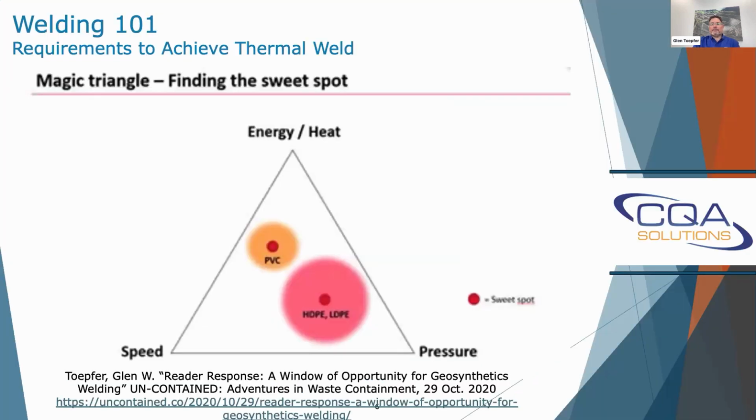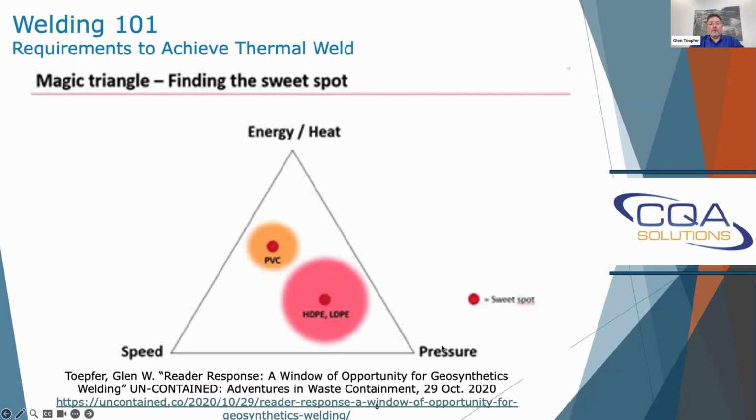When you look at thermal welding, as this diagram was provided to me several years ago by Eddie Weiser from Leister, he calls it a magic triangle, but there are three critical components needed to produce a quality weld: energy or heat, speed, and pressure. Those three are going to be combined.